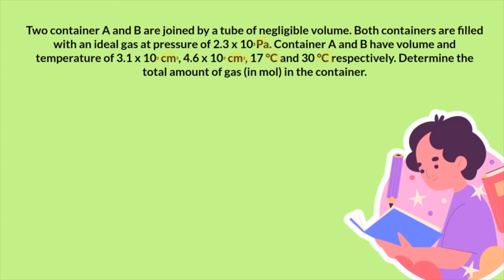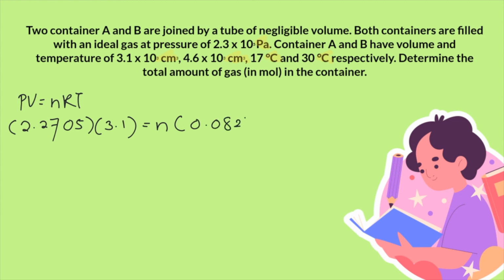Right, so we are going to start with the calculation for container A. In order to find the number of mole, you need to use the ideal gas law, which is PV equals nRT. For container A, your pressure is the same as container B, which is 2.2705 atm, and the volume is 3.1. n is the thing that you want to calculate, and R is a constant value, which is 0.0821.